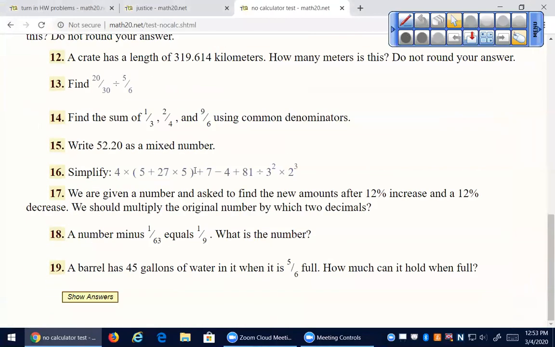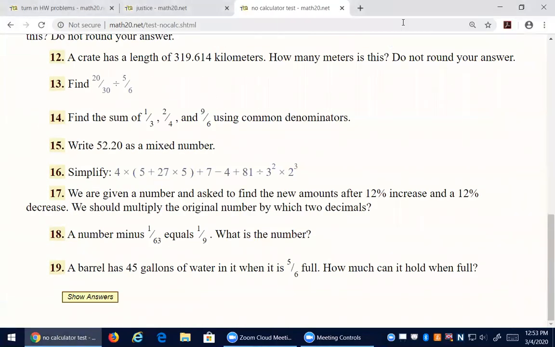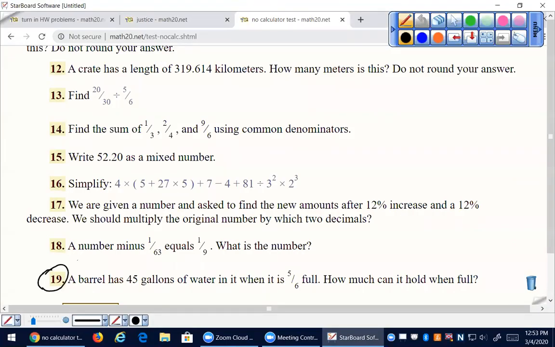Oh, I have time. So similarly on the no calculator test, if you need 65 on this, there's 19 of them. So what is 65% of 19?